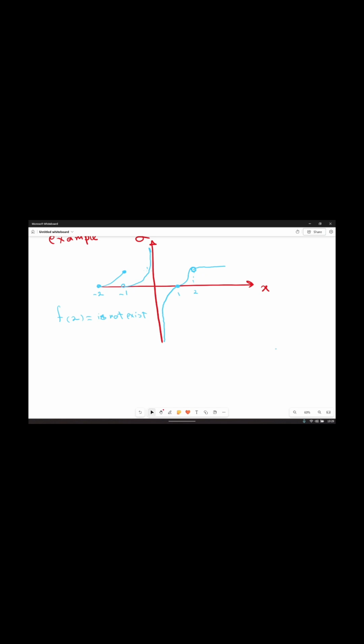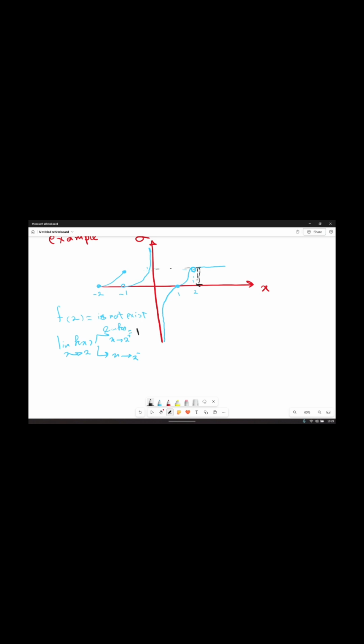But what happens for the limit of this? Okay, the limit of f(x) as x goes to 2 from the right hand and left hand. In the right hand, we go exactly to 1, because when we approach 2 plus, you can understand our function comes to 1.